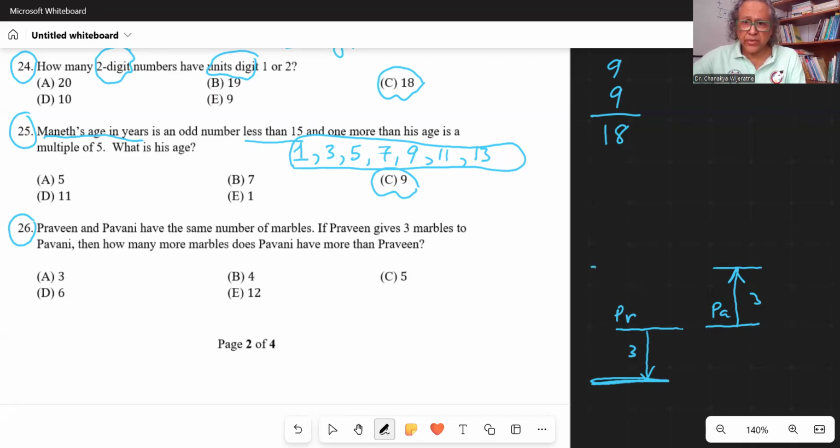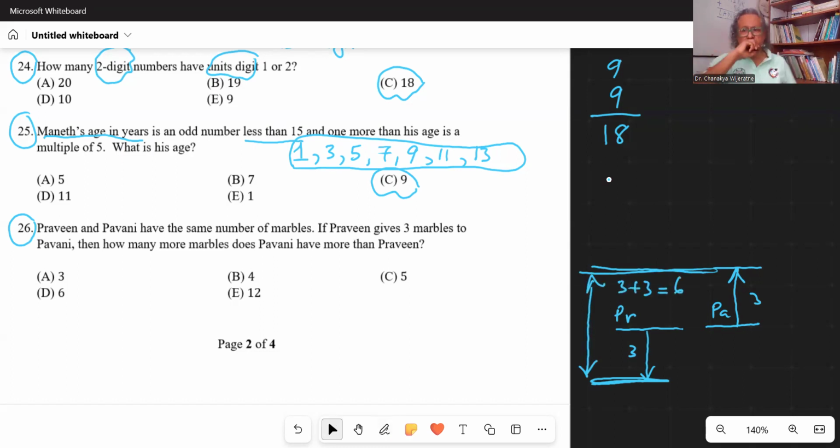So what is the difference between their numbers? You can see that it is actually 3 plus 3, which is 6. You might think immediately that it must be 3, because Praveen gave 3 marbles to Pavani, so Pavani must have 3 more than Praveen. But the problem is that Praveen actually lost 3 marbles.